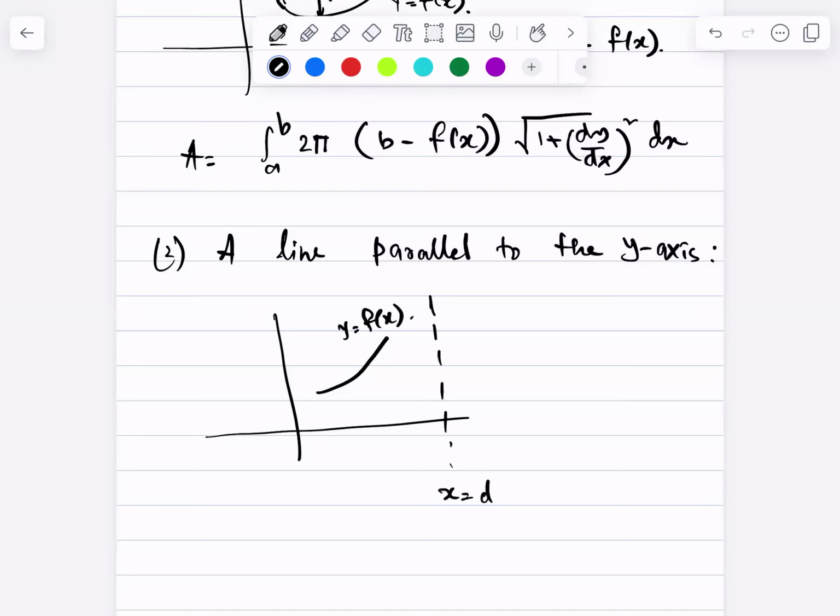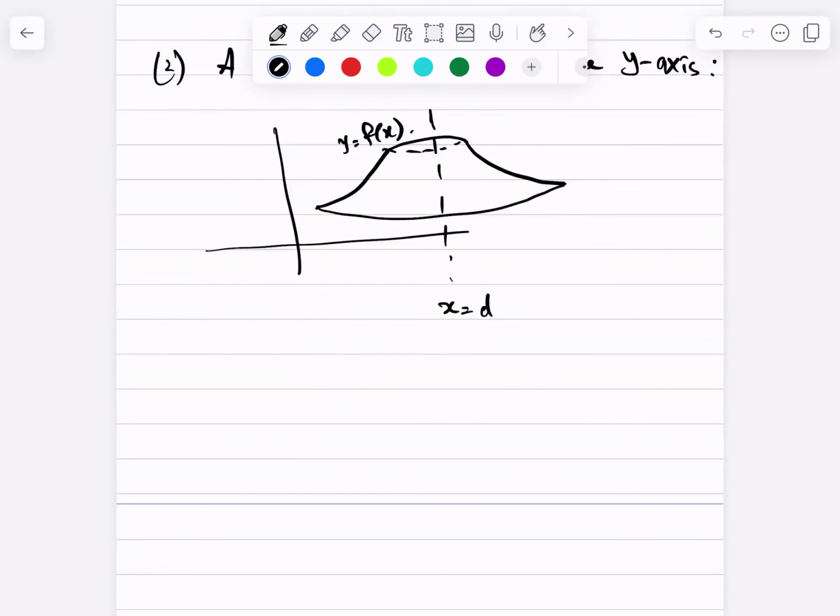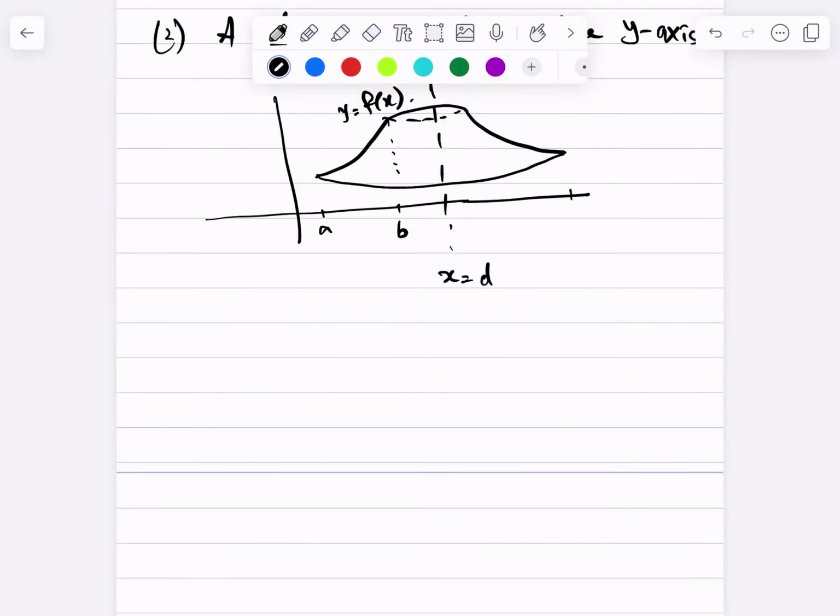Then the graph that will be made will be like this, just varying from, say, a to, I don't know, this is b. Then what is r? r is just d minus x.